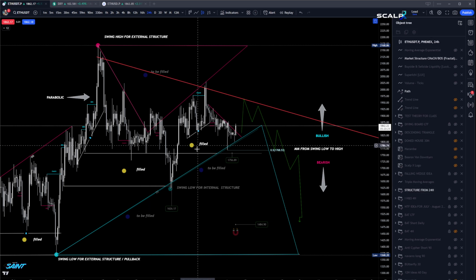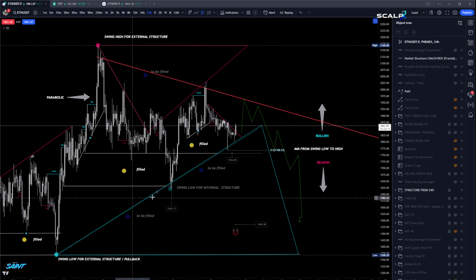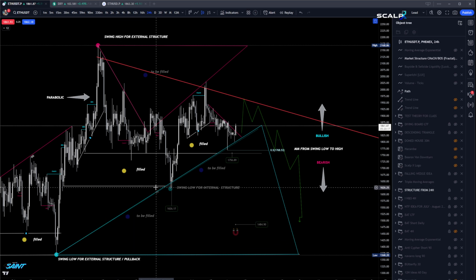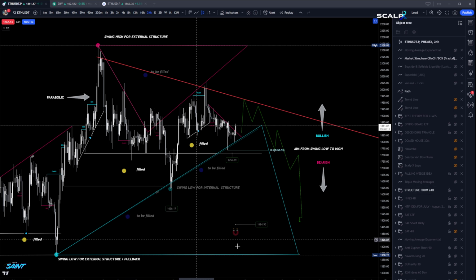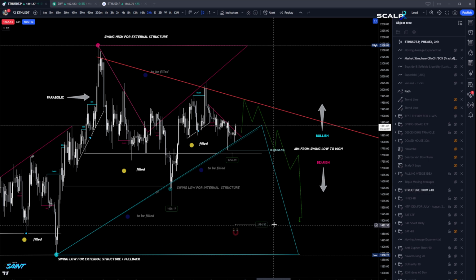This is partially filled in my opinion because we had a wick that came here, but we still don't have any bodies that have come over here. This is a bigger one, right? Sub 1620. We come back down to here and we would have to fill this imbalance right down to here.